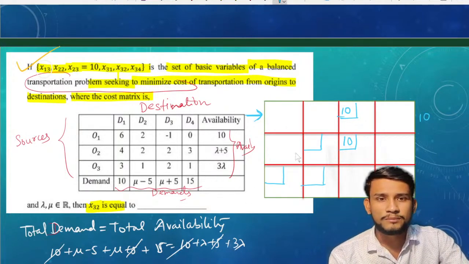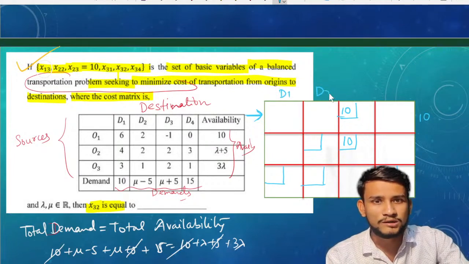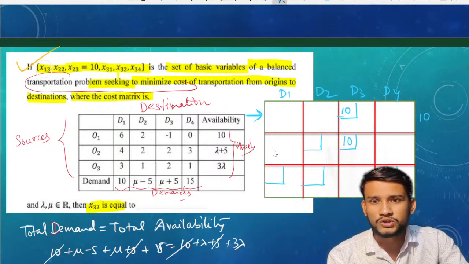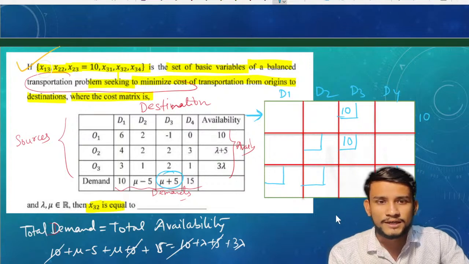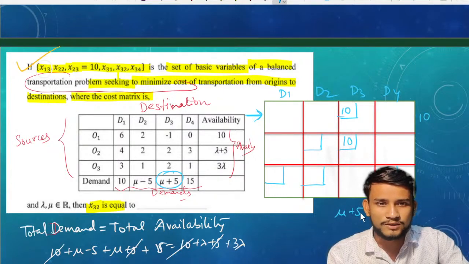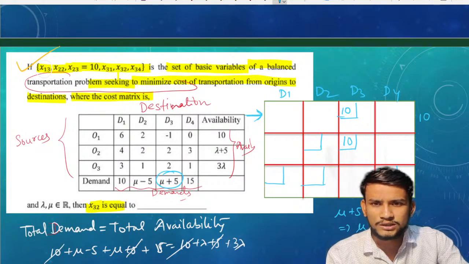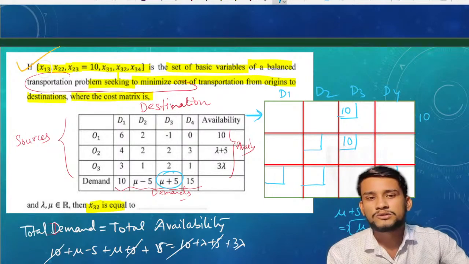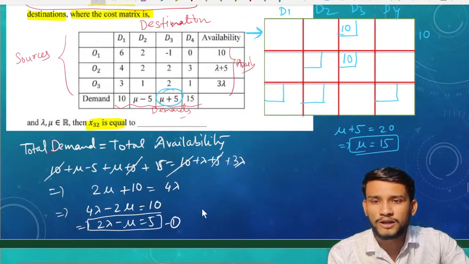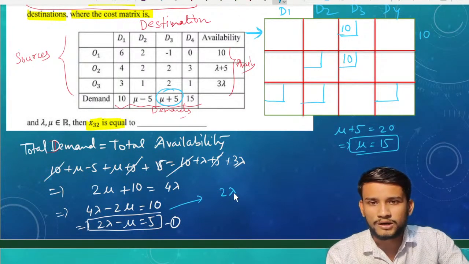Let me write d1, d2, d3, d4. From column d3, total demand equals total availability, so mu plus 5 equals 20, which means mu equals 15. Since mu equals 15, we get lambda from the relation: 2 lambda minus 15 equals 5.